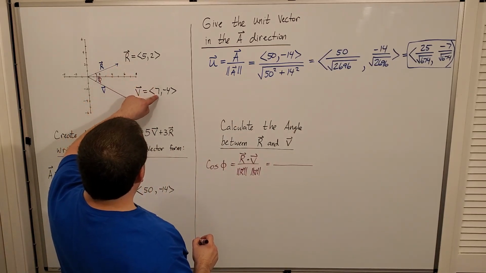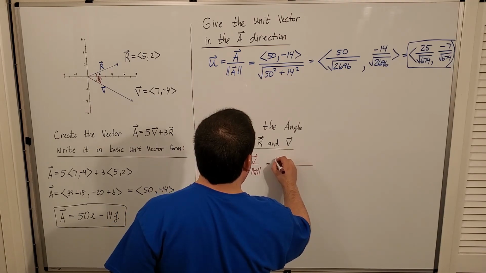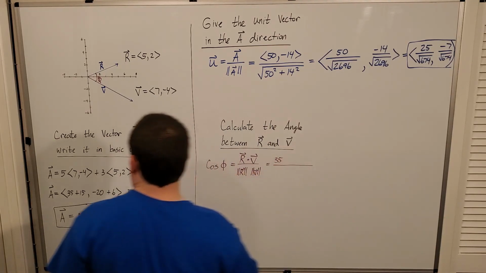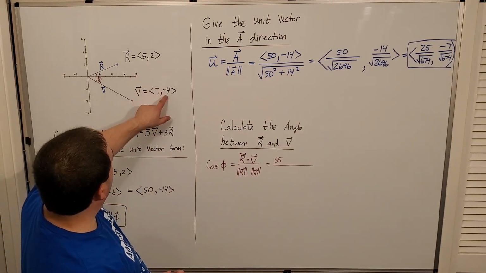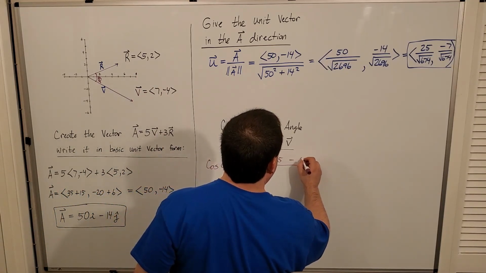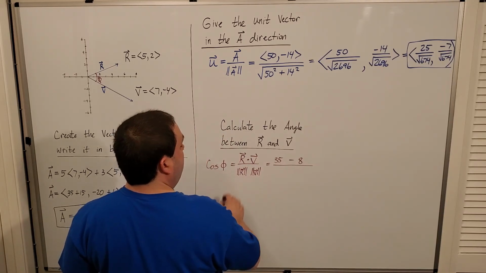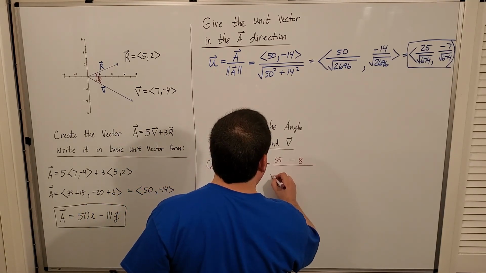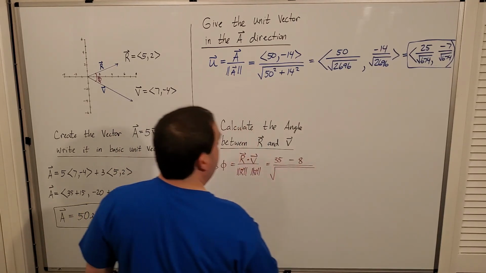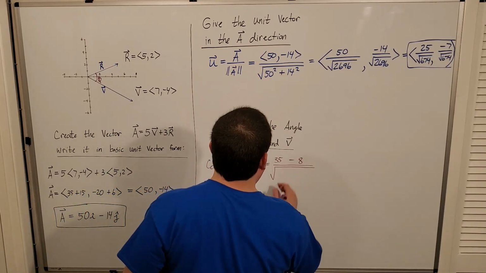we have 5 times 7, 35, right? And 2 times negative 4, minus 8. And both of these lengths are going to be in a square root here. So I'm going to just make it one big square root to make it easier.